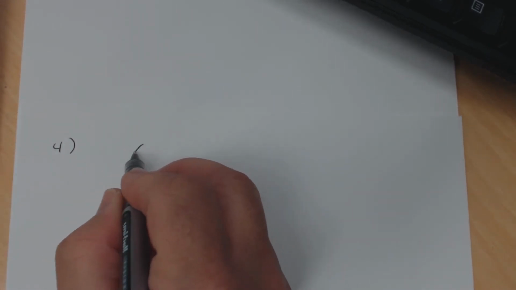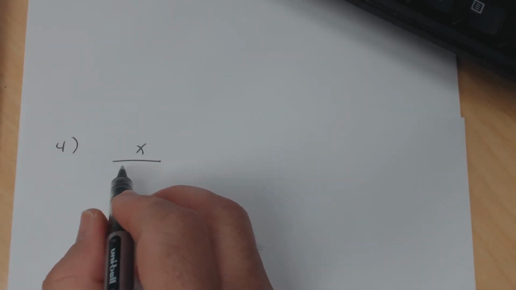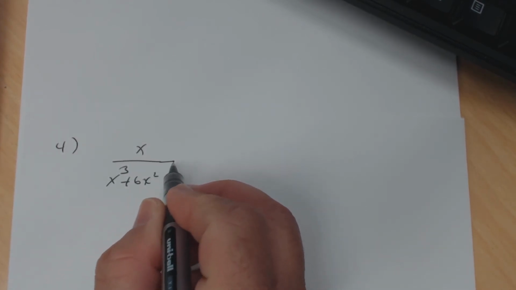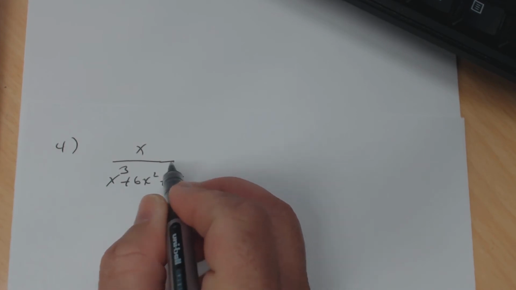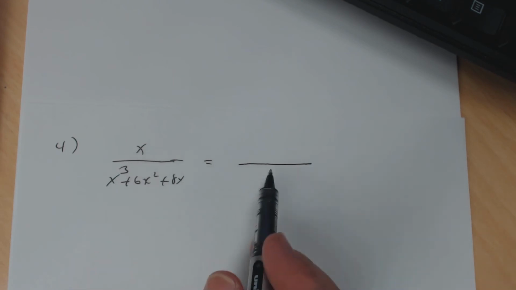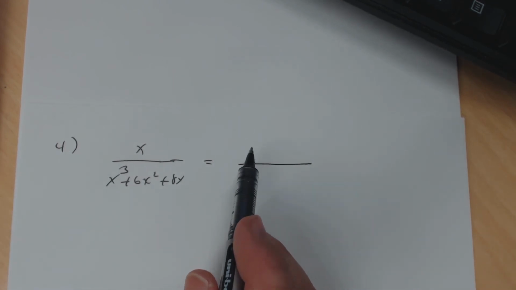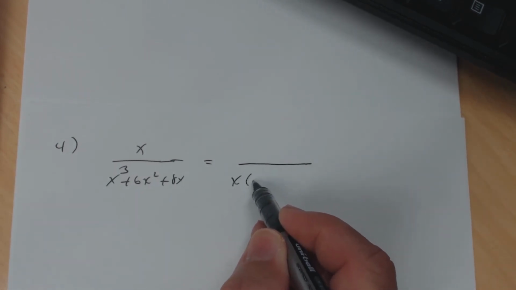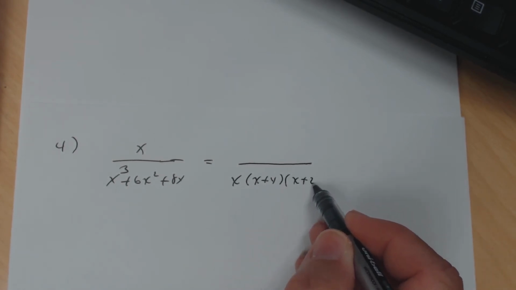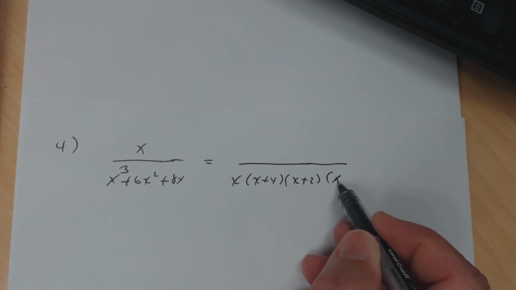All right, number 4. You have x divided by x cubed plus 6x squared plus 8x is equal to, and you want this fraction to be equivalent to a fraction with this denominator, x times x plus 4 times x plus 2 times x plus 1.